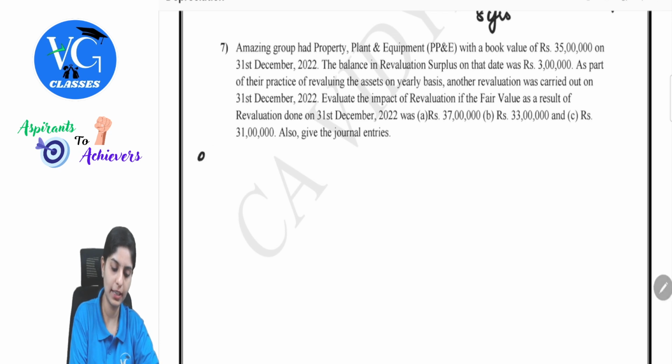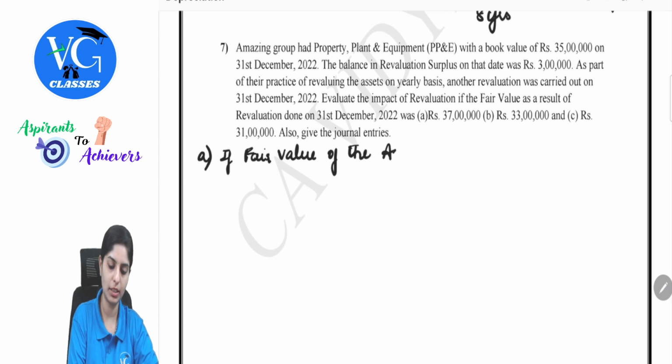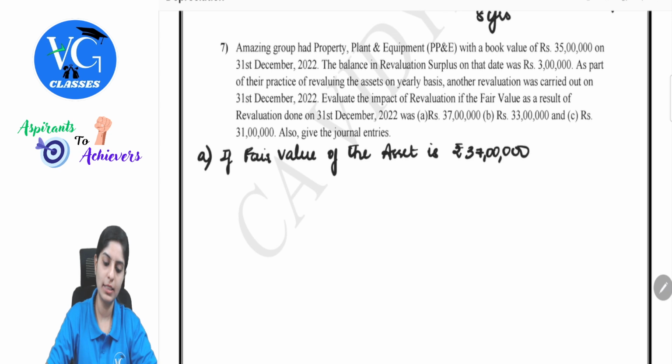So first let's take case 1. If the fair value of the asset is rupees 37 lakh. Now this is the value given as on 31st December.